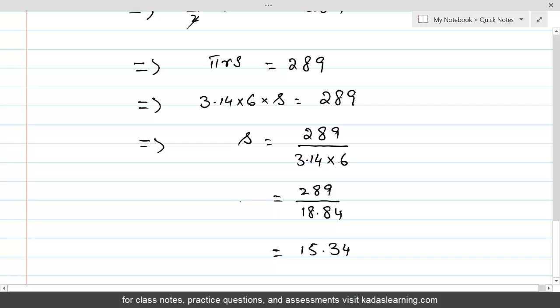So S is the slanting height and it must be measured in feet because it's only a length.